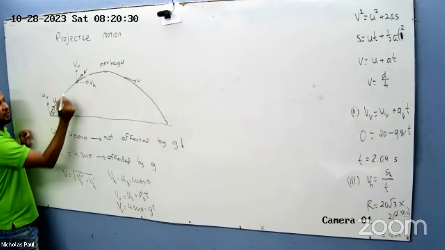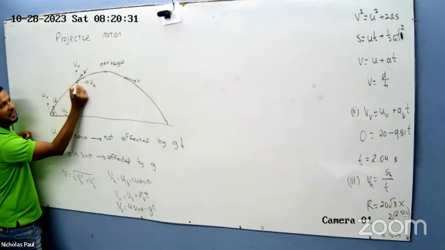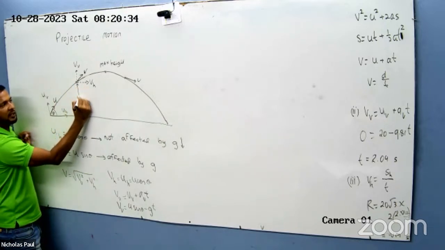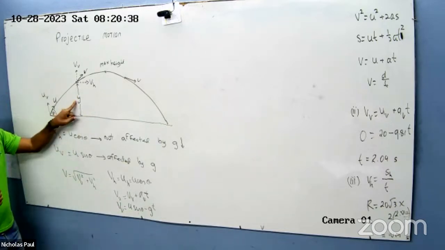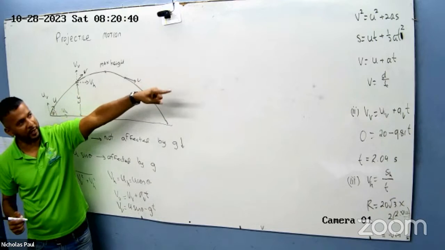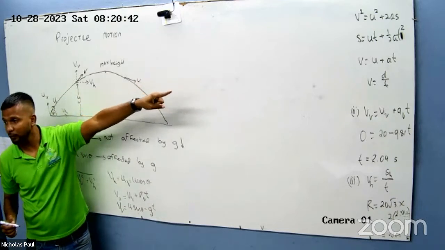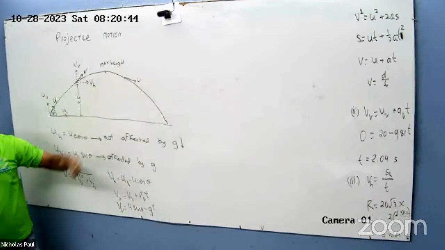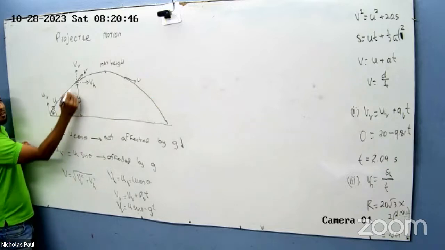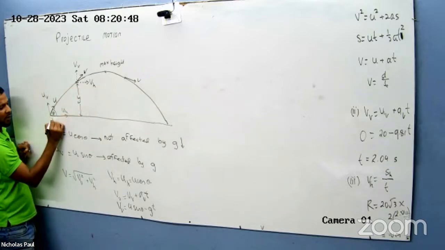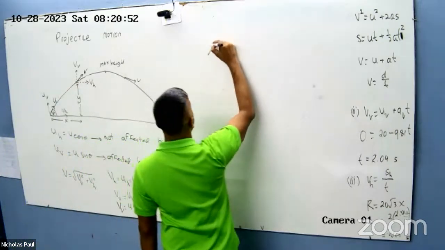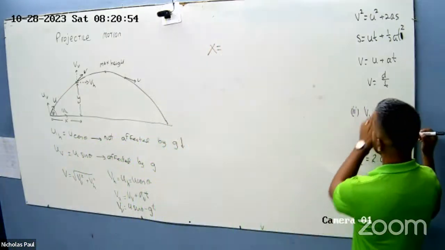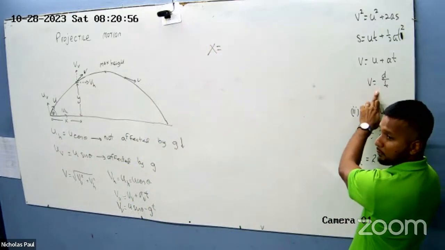All right, so here's how you do it. Let's say at this point here, we have a vertical displacement y. How do we find the vertical displacement? If we have a vertical displacement here, we also have a horizontal displacement x.